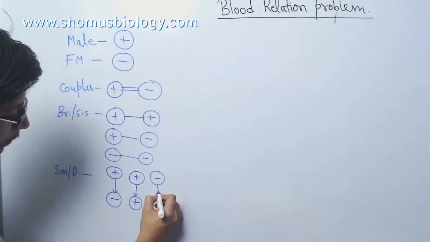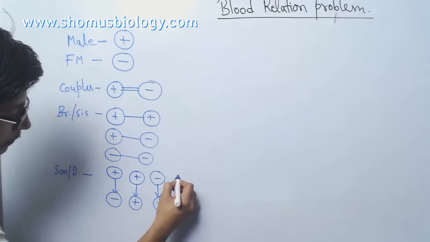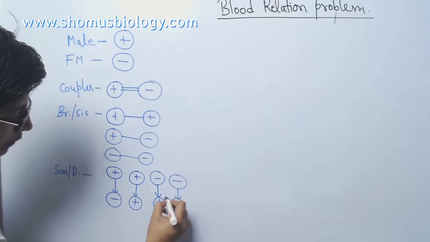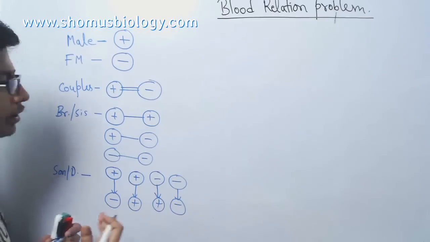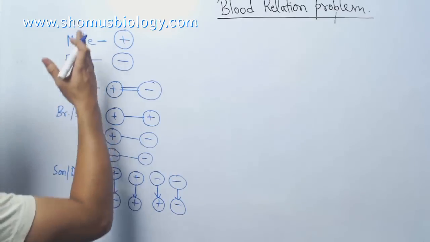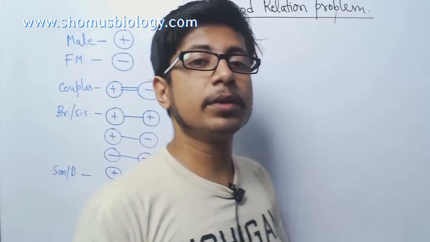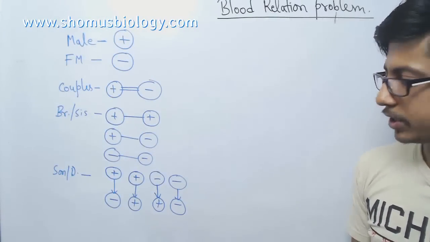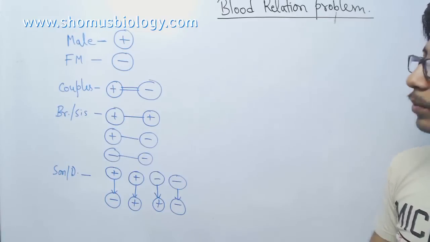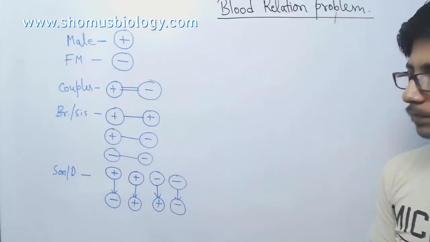The same thing will be there from the mother as well. Okay. The arrow will represent the son or daughter. So this is the way that we are going to represent things. Okay. Remember this representation, and whatever question we solve, we will use this scheme to solve them.